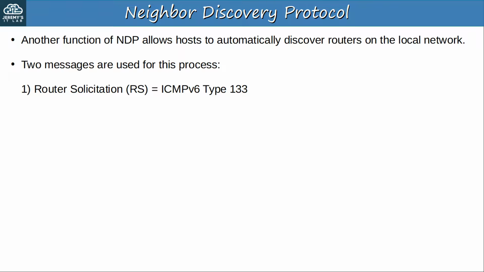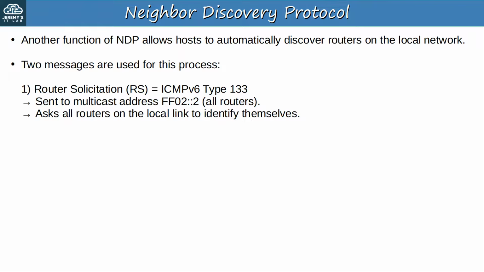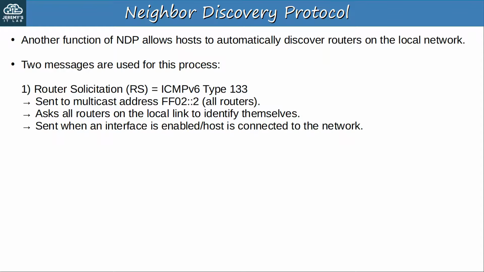Don't mix this up with the neighbor solicitation we just learned. These are sent to multicast address FF02::2, the all routers address. This message asks routers on the local link, the local network, to identify themselves. This message is sent when an interface is enabled, or when the host is connected to the network.